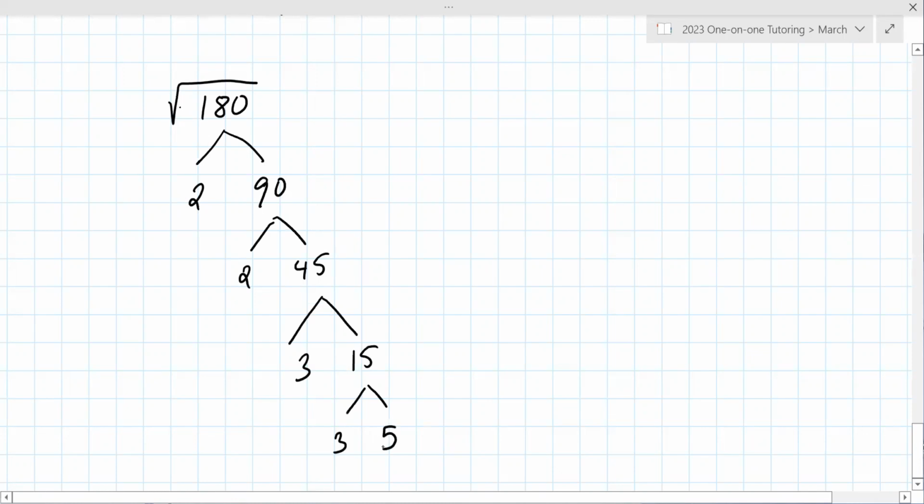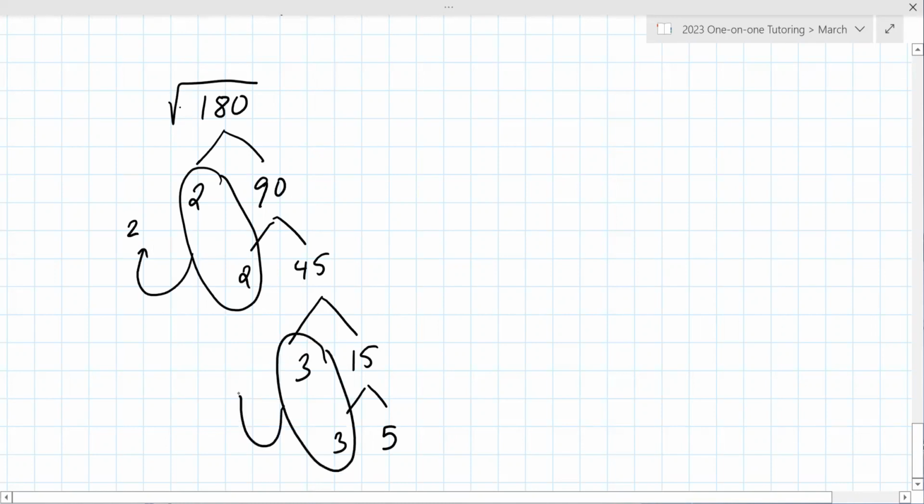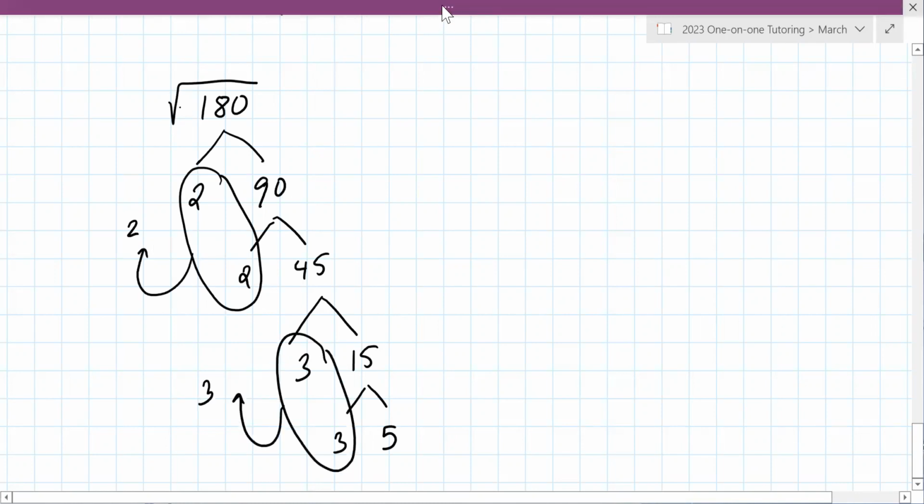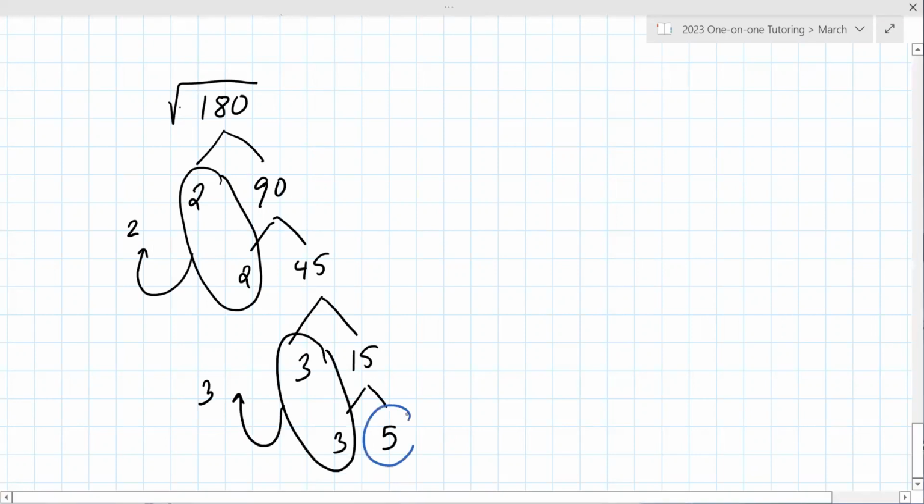All right. Do you see any pairs? Yes. 2 2s and the 2 3s. So notice you only bring a 1 out. The pair, kind of liken it to you have 2 socks, you fold them up, you have 1 that came from 2. Same thing with the 3. What about that 5?